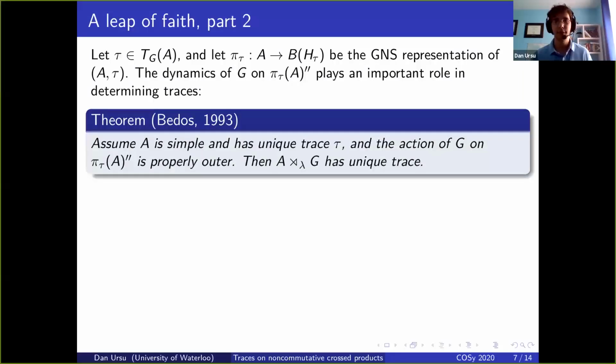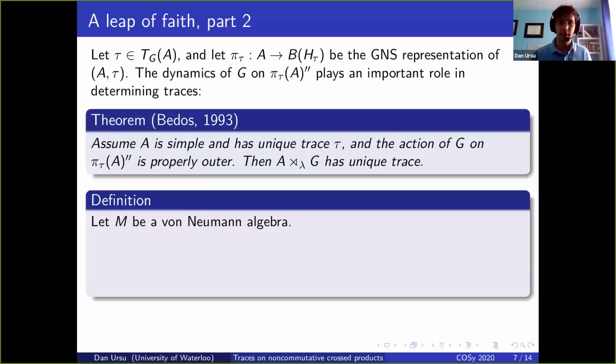So it's a result of Bedos from '93 that under some additional assumptions, so for example, if A is simple and the action of G on the GNS von Neumann algebra is properly outer, then the reduced cross product has a unique trace. Also, I should be saying that A has a unique trace tau in this case.